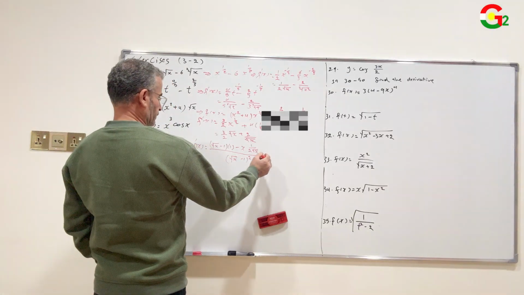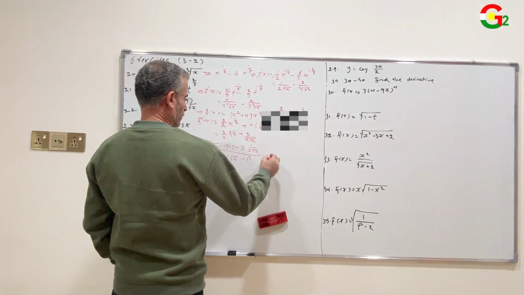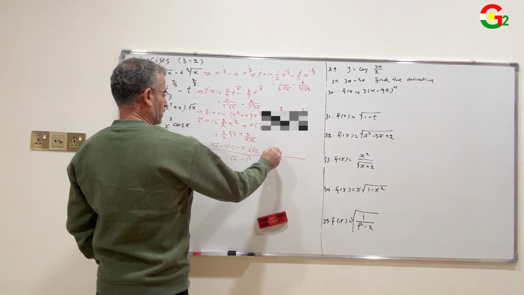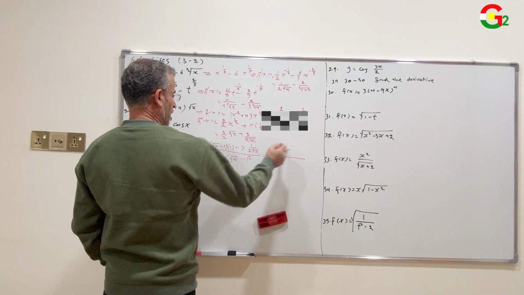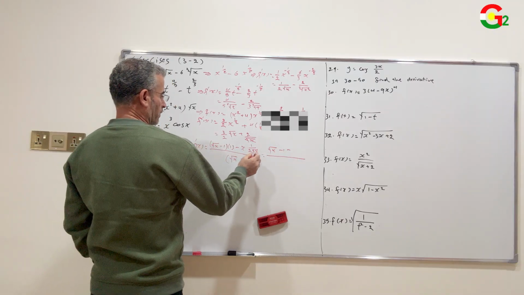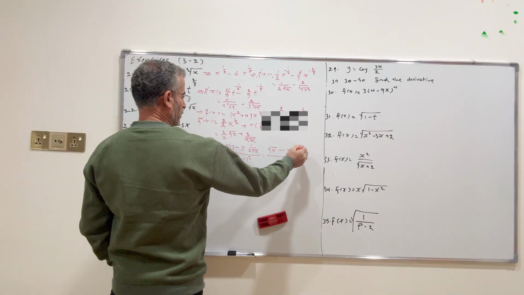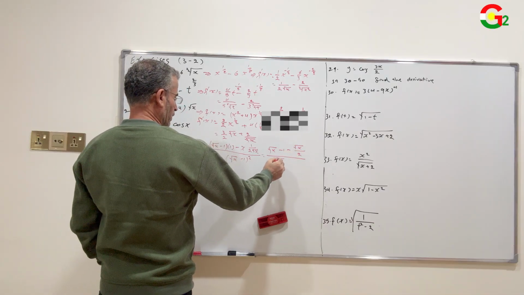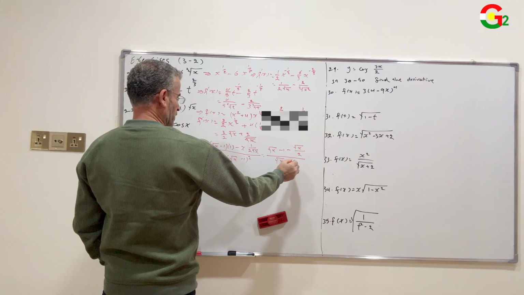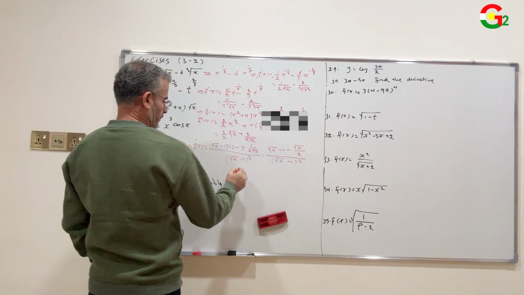Equal to square root x minus 1 minus x over 2 square root x, it is square root x over 2, over square root x minus 1 power 2.